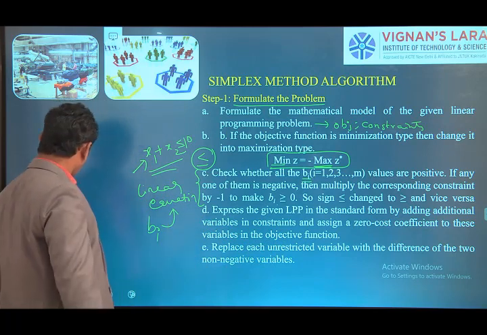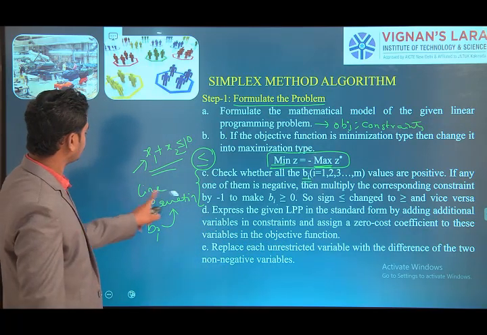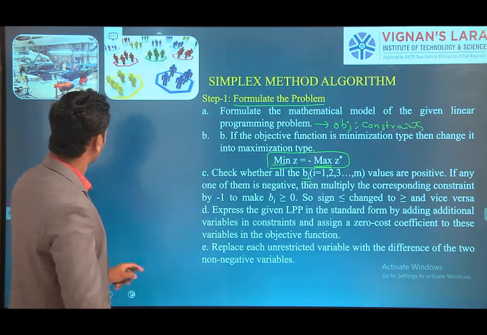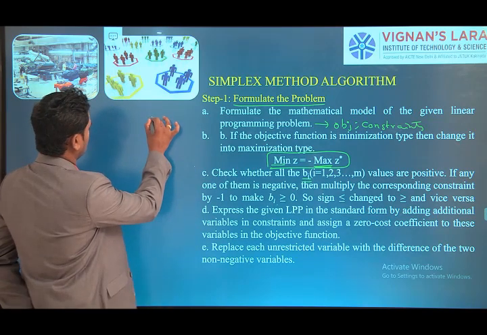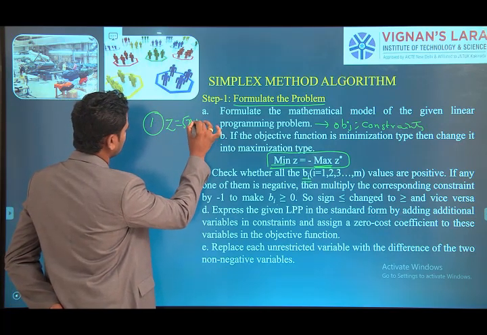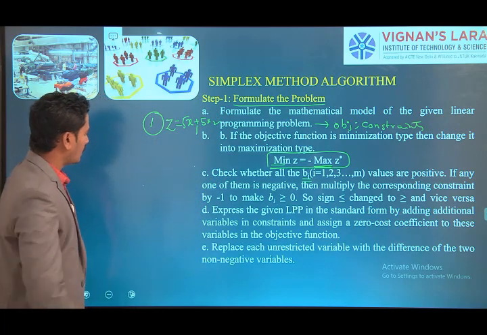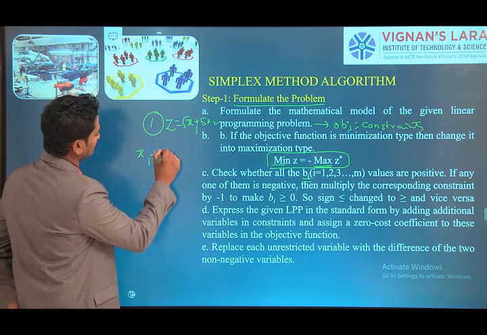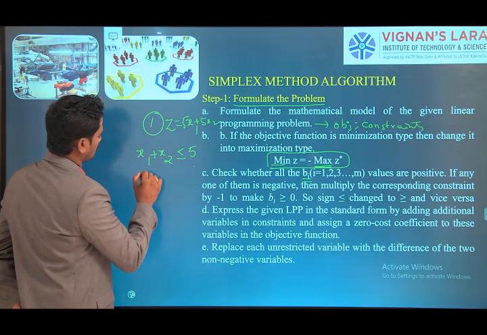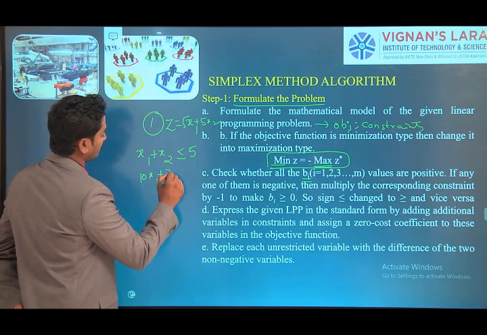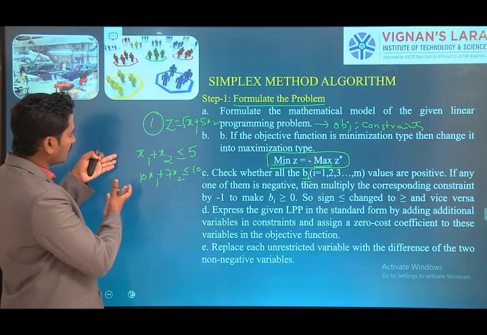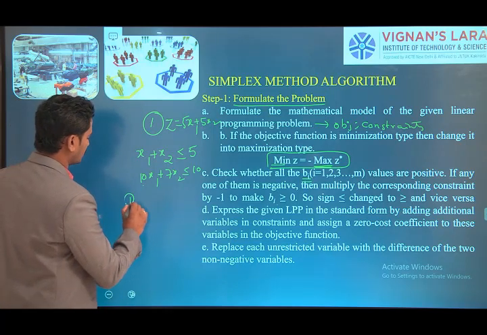It means, if we have the objective function z is equal to 5x1 plus 5x2, and the constraints x1 plus x2 less than or equal to 5, and 10x1 plus 7x2 less than or equal to 10, these two are the constraints.